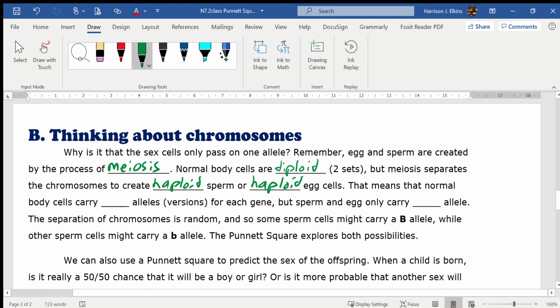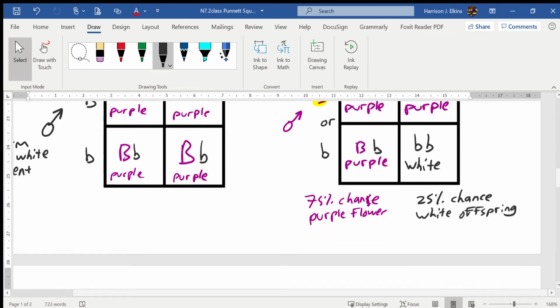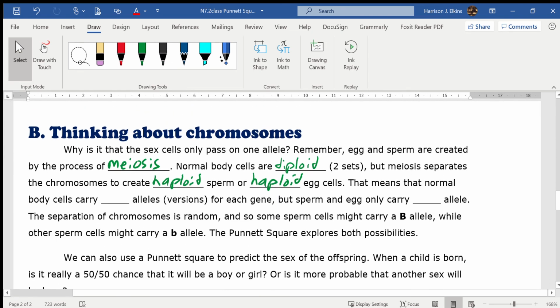So that means even though a normal body cell has two, it only passes on one. And that's what we see here. Normal body cells have two chromosomes or two alleles on those chromosomes, but a haploid egg cell only has one of those, so it's only going to pass on one.